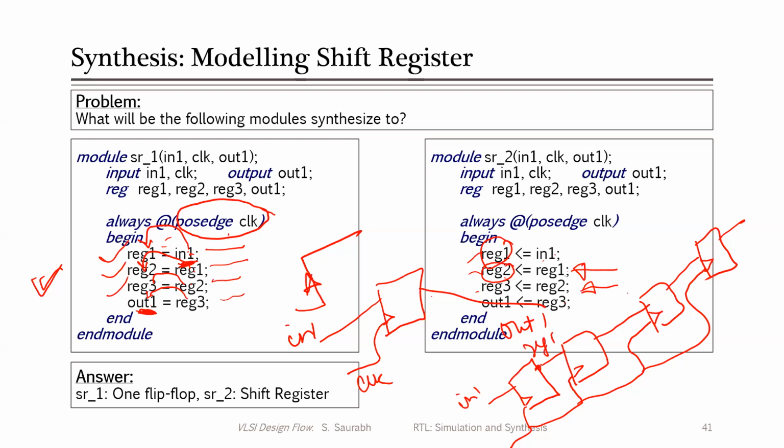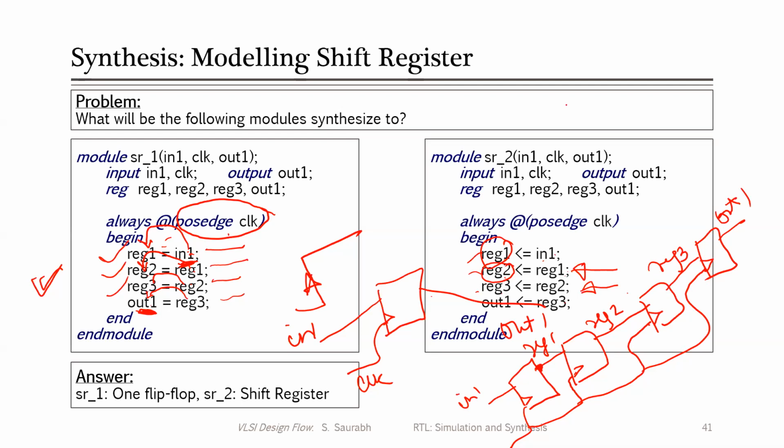And whatever the old value of reg1 was, whenever the clock comes, that will be captured to reg2. And whatever the old value of reg2 was, in the same clock cycle, that goes to reg3. And whatever the old value of reg3 was will be captured in the same clock cycle to out. So this is how the shift register will be inferred.